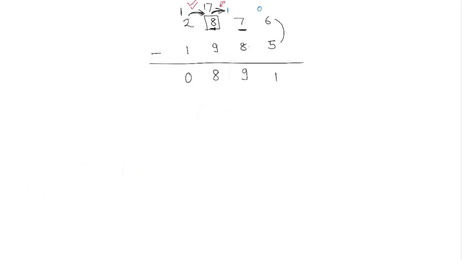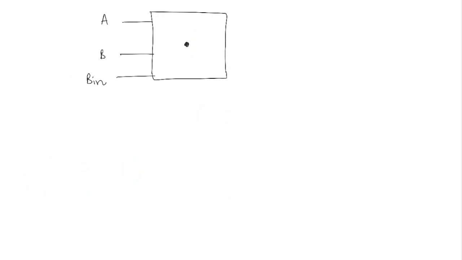And our circuit basically looks something like this. So what we have is, we have two digits coming into our subtractor A and B, which we want to subtract. But along with A and B, we also have a borrow in. Borrow in, we call it borrow in because it is an input to our full subtractor.